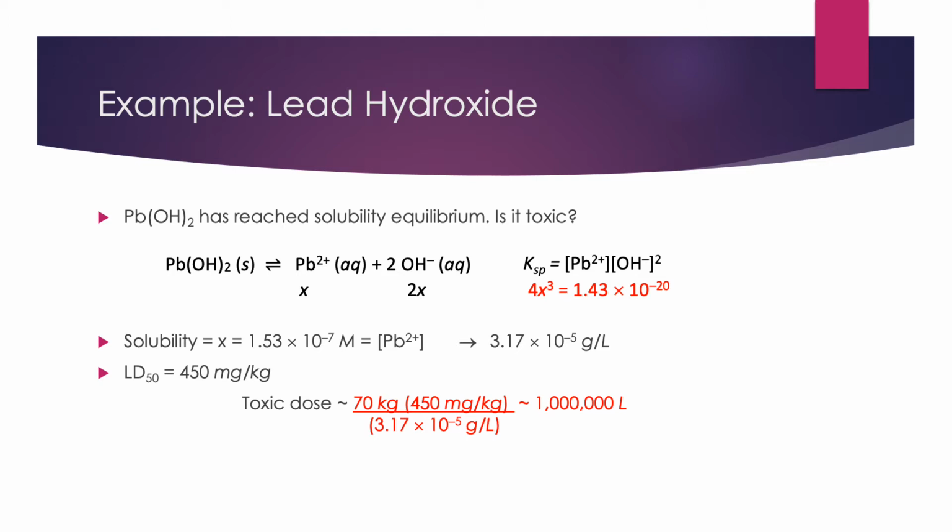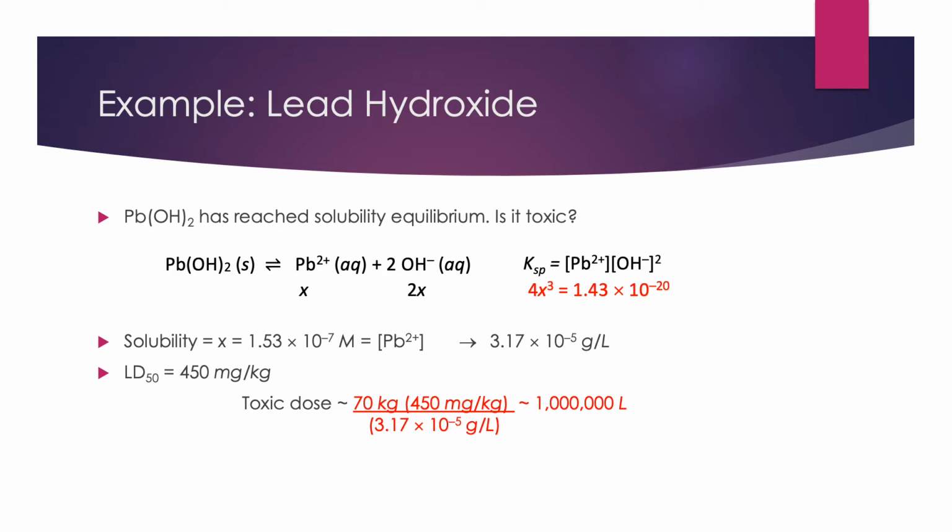If the amount of lead hydroxide that dissolves is x, then each formula unit of lead hydroxide that dissolves produces 1 ion of Pb2+ and 2 ions of OH-. So the amounts of Pb2+ and OH- would be x and 2x, again based on the stoichiometric coefficients.